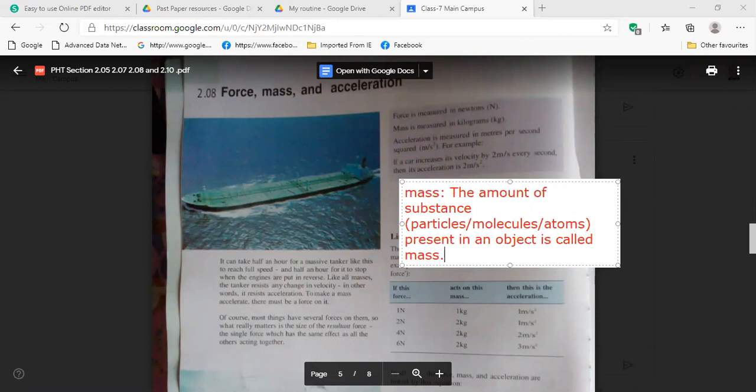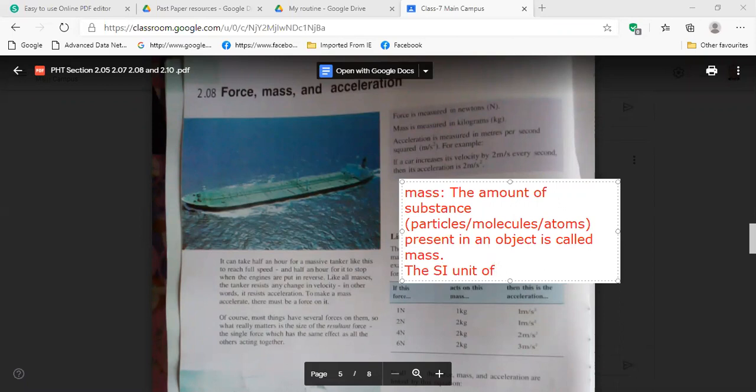The SI unit of mass. What is the SI unit of mass? Already we know. In our section 1.01, we discussed all the SI units, right? Can you remember? What is the SI unit of mass? kg.